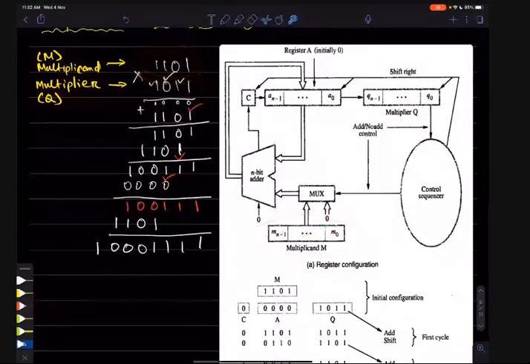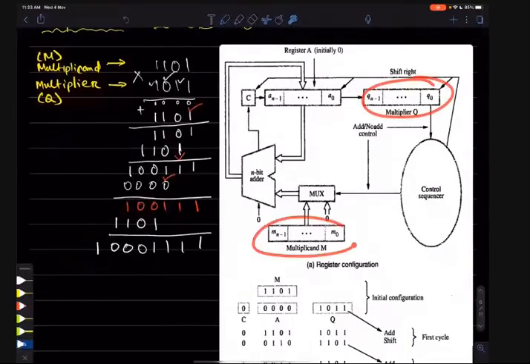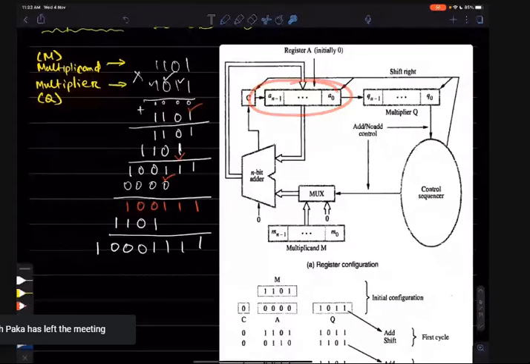Whatever the multiplier is will be in the Q register. So this is the Q register, this is the multiplicand register, and this is register A. We usually call register A the accumulator, or just normally register A. Let's start with the example.